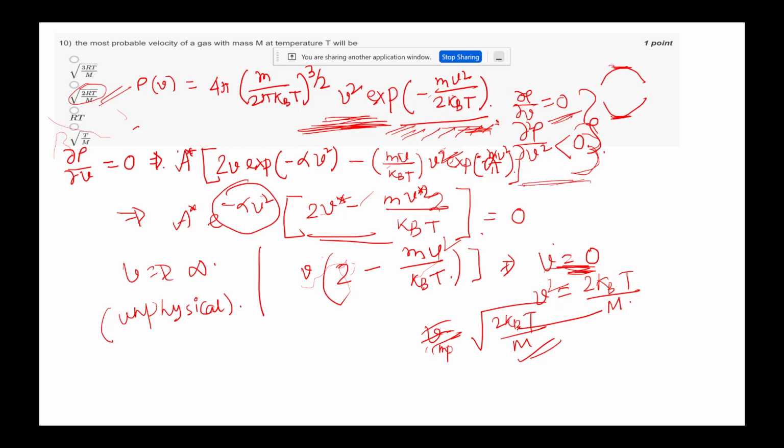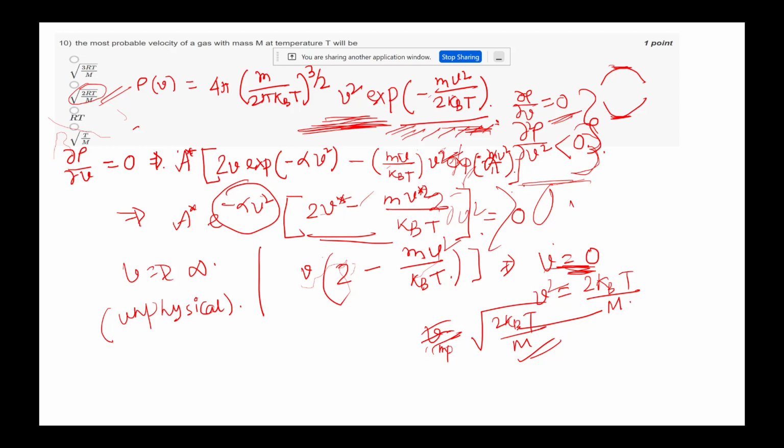So what we can say is that from the maximum point of view, del 2 rho del v2 is greater than zero, right? So is this thread of logic matching with that?